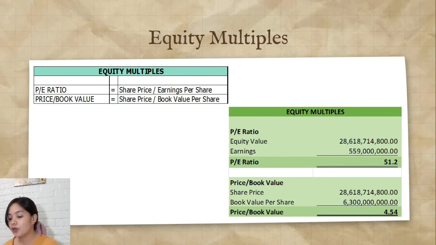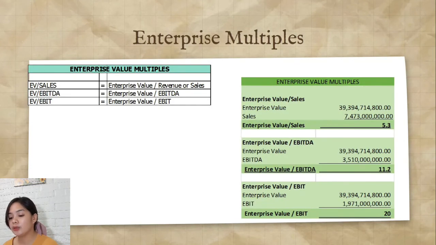Next we have our enterprise multiples. First we have our enterprise value to sales. The formula for this is enterprise value divided by our revenue or sales. We have our enterprise value of 39,394,714,800 divided by our sales of 7,473,000,000.